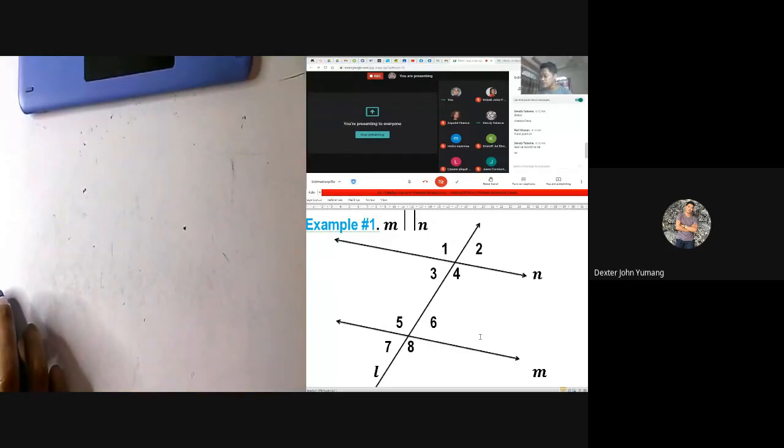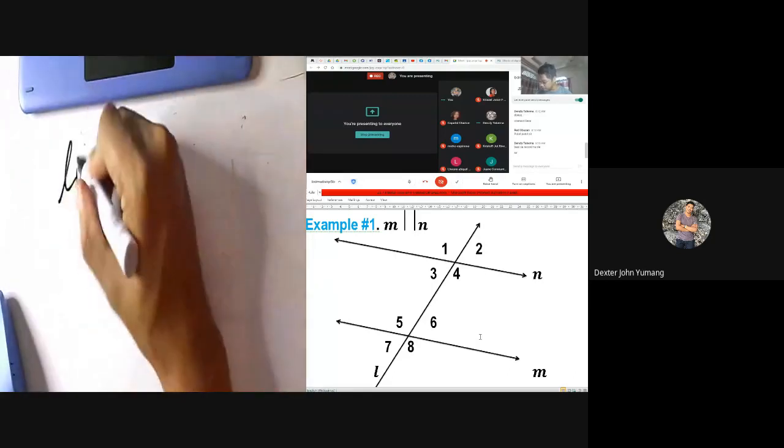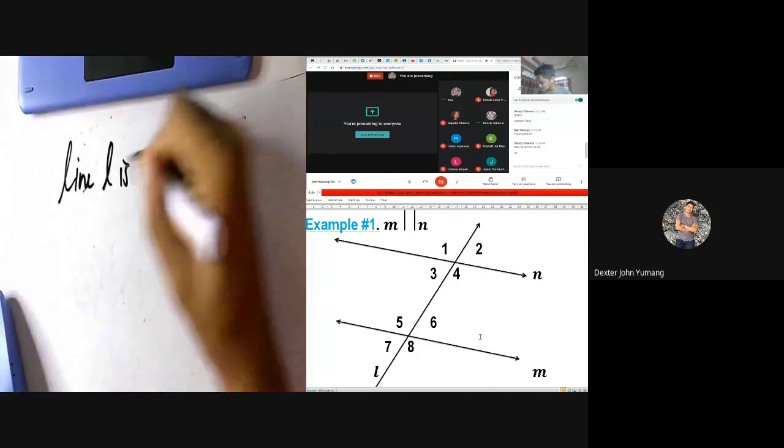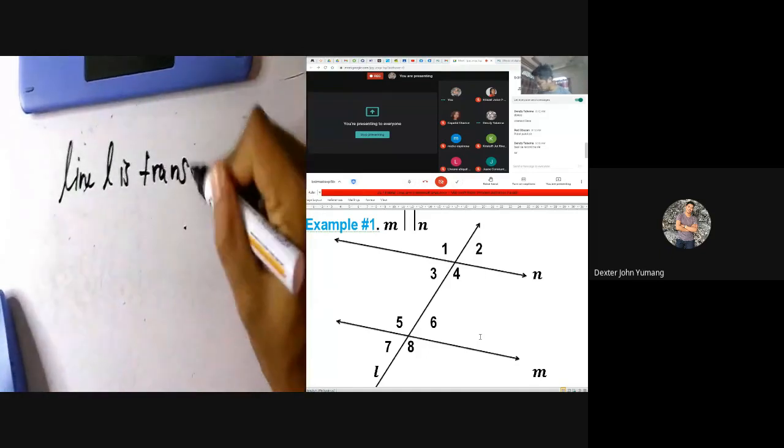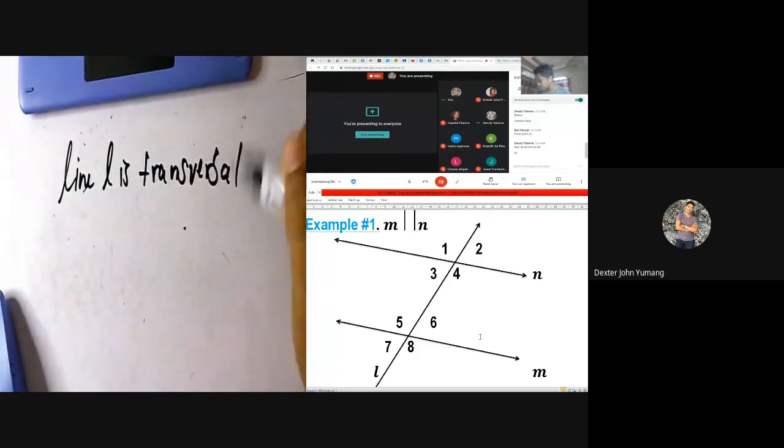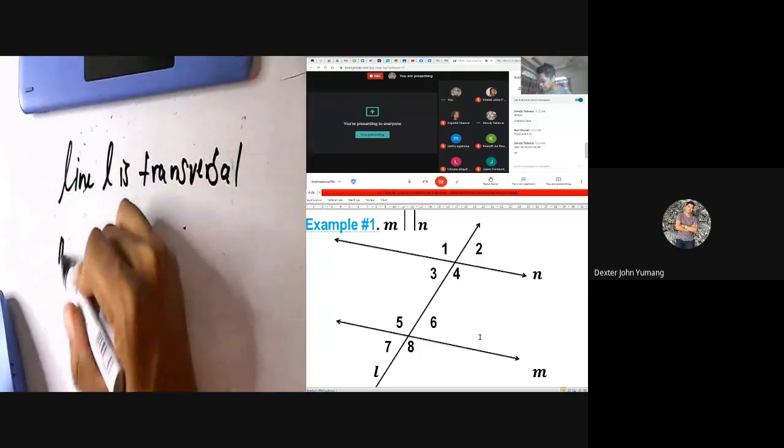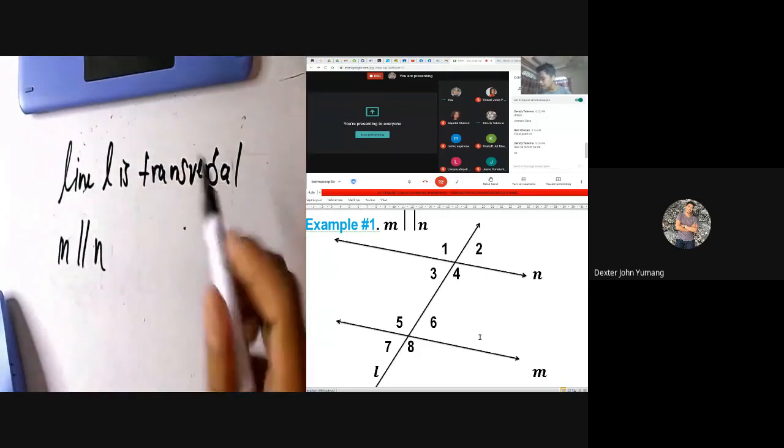The name of the transversal line is line L. Okay? So allow me to write that one. Line L is transversal. Okay, bakit si line L ang transversal? Kasi siya daw po ang nag-cut sa parallel lines. And M is parallel to N.